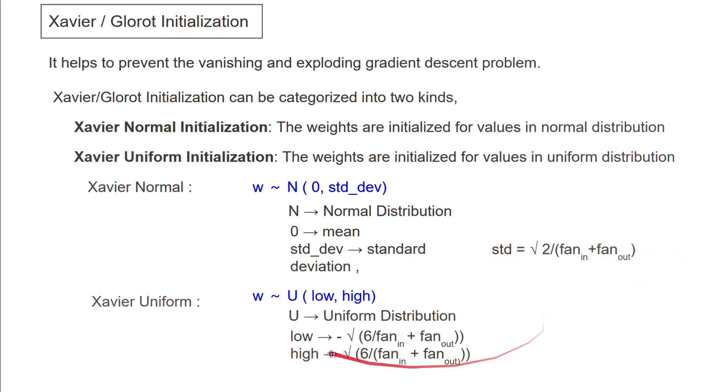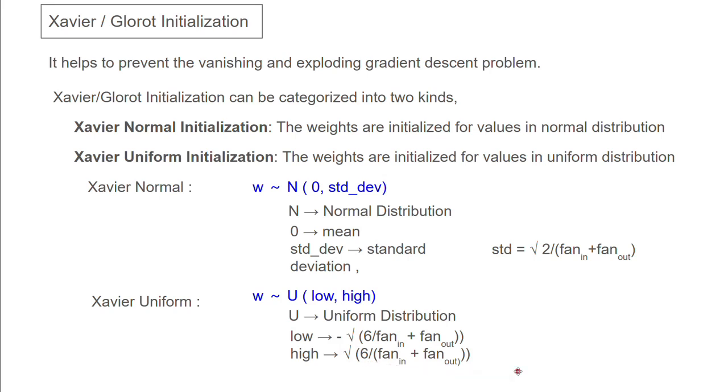And for the uniform, the value will be square root of 6 divided by fan in plus fan out. So the lower limit will be the minus of that value, and the upper limit will be the plus value.